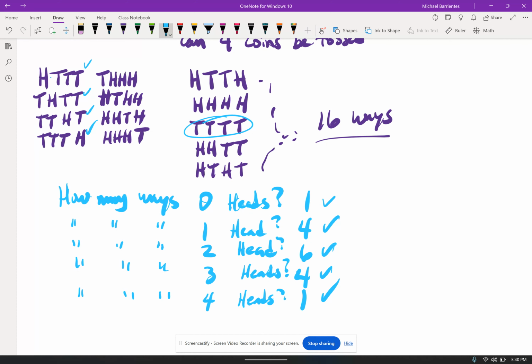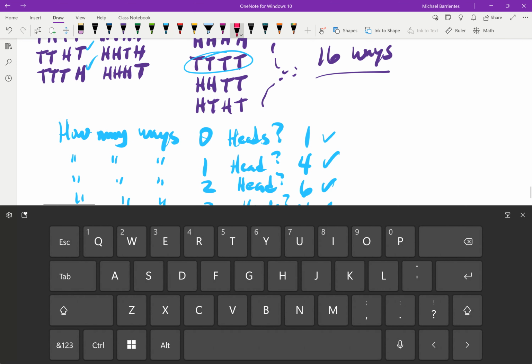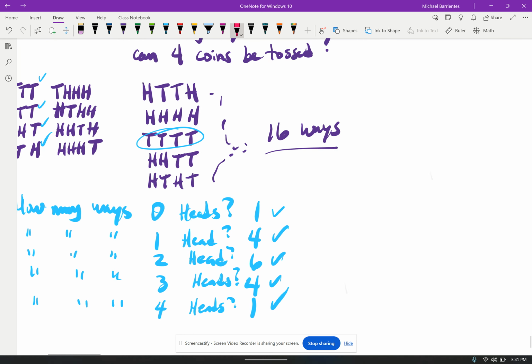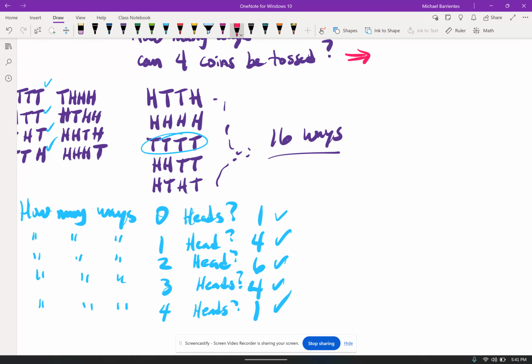It was just thinking of the possibilities, and then out of those possibilities, doing some investigation of that. Now, there were 16 ways to do that because there were 4 coins. If you had more than 4, then there's more ways to do it. If there were 5 coins, there would be 32 ways to do it.